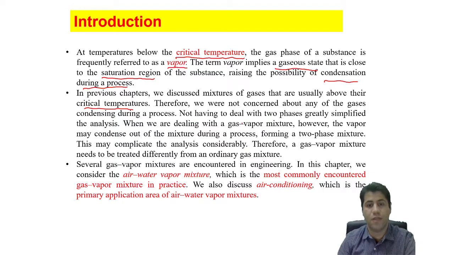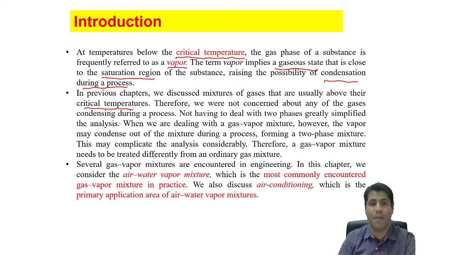Not having to deal with two phases greatly simplified our analysis. Usually we just had one phase, which was gas, and then we could simply solve different problems. But in real applications, in the real world, we don't have such cases.